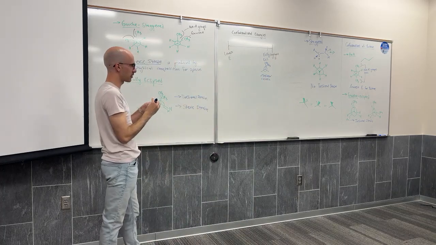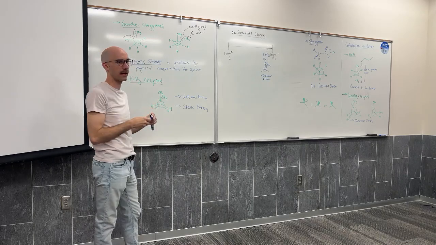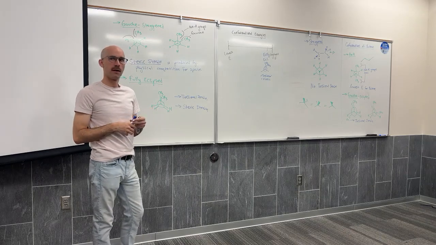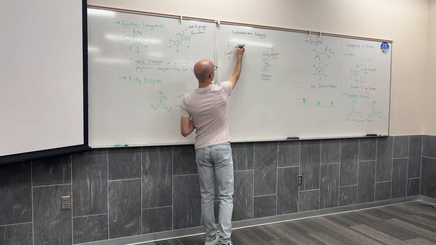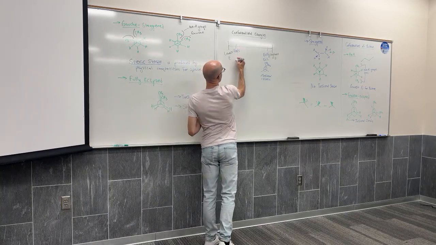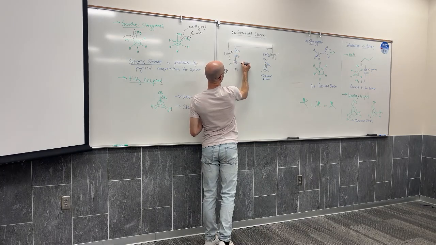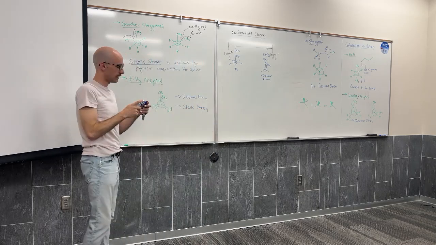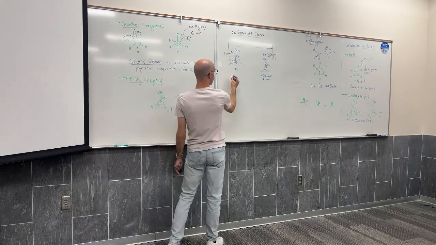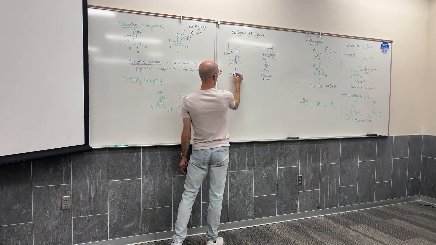Or sorry, it has the most strains. It has both torsional and steric. What's the lowest energy conformation? Anti. Because here, it has no torsional strain or steric strain.